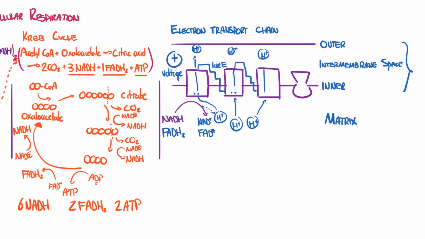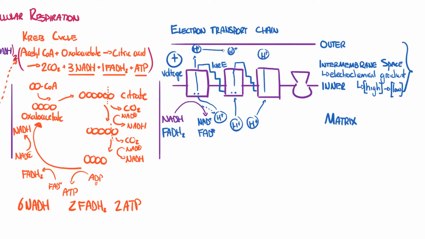So we set up yet again in the intermembrane space an electrochemical gradient. So we have this electrochemical gradient. That means they're going to want to move back down from a place of high concentration to low concentration.